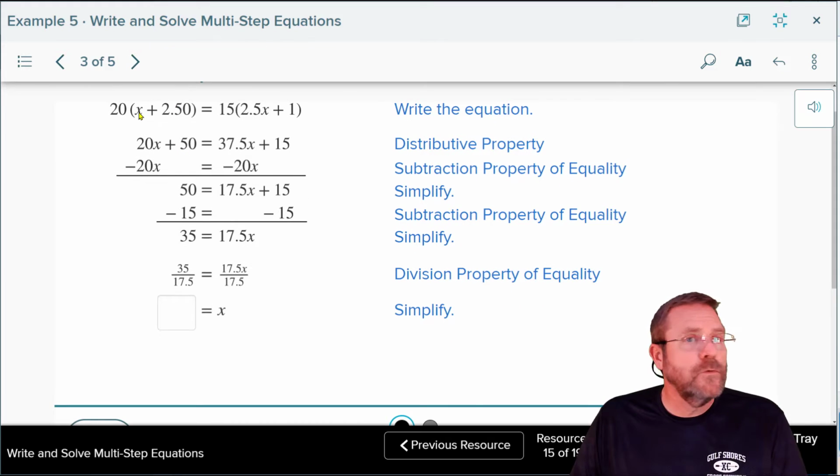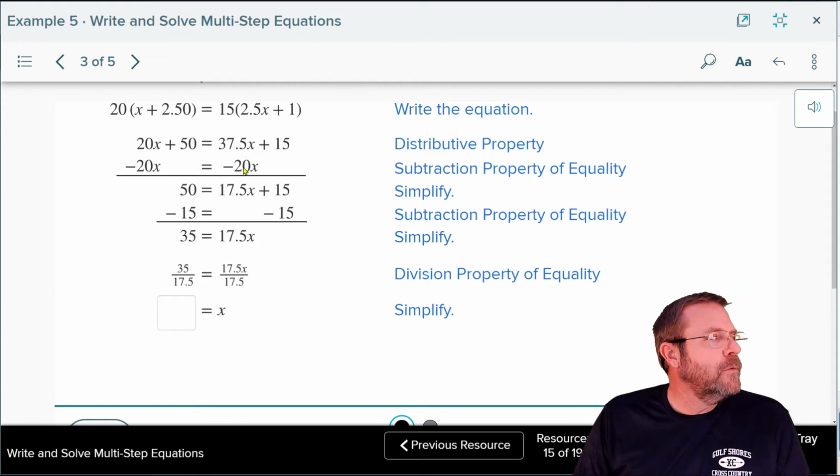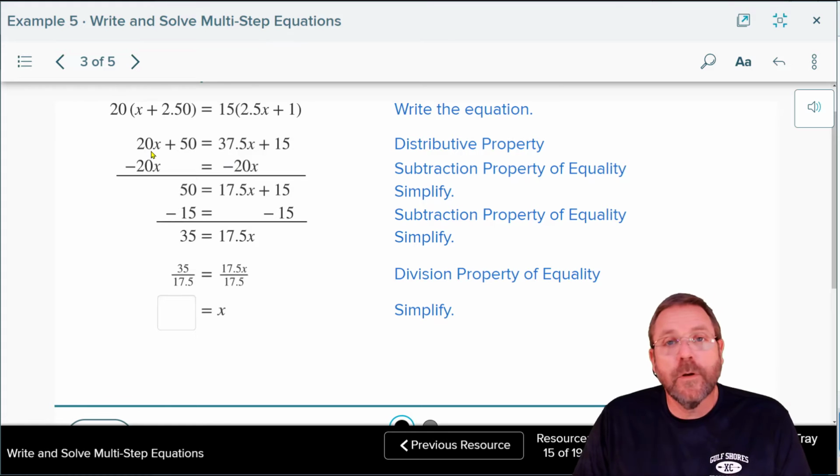First thing they did is use the distributive property, distributing the 20 through the grouping symbol on the right, which gave them this, and the 15 through the grouping symbol on the left, which gave them that. Next, they're going to move the variable terms to the right-hand side, keeping them positive, by subtracting 20x from both sides.